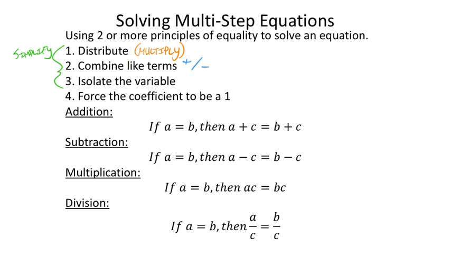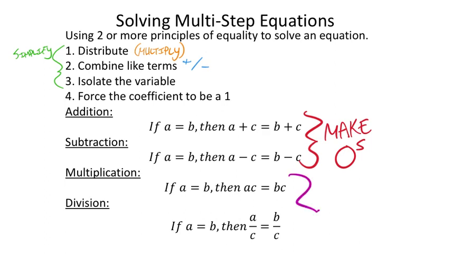Isolating the variable, which is the addition or subtraction principles of equality, these two are what we use in order to make zeros. Just like we've seen already, and then multiplication and division. That's how we make ones, but not just any ones. We're looking to make coefficients ones.